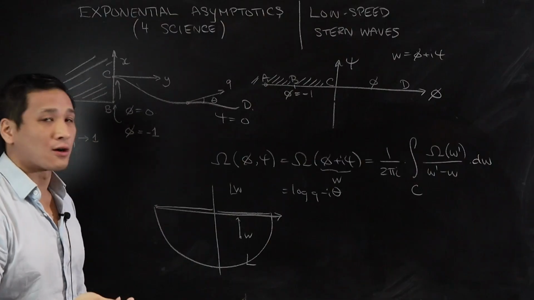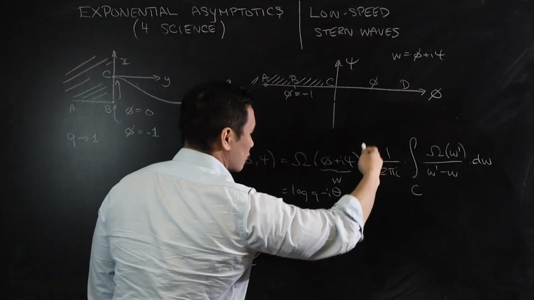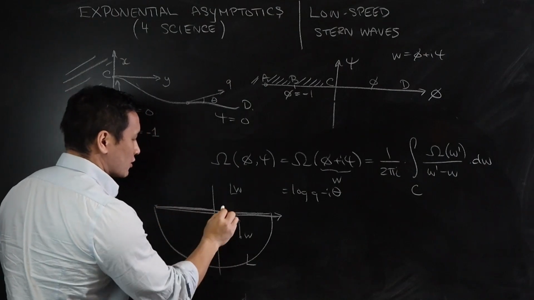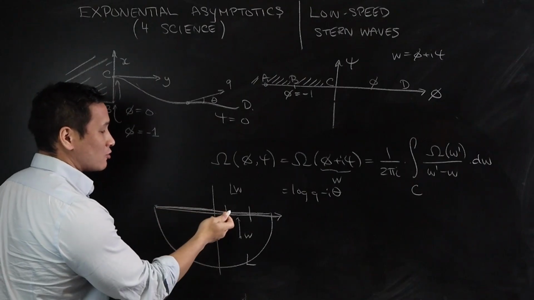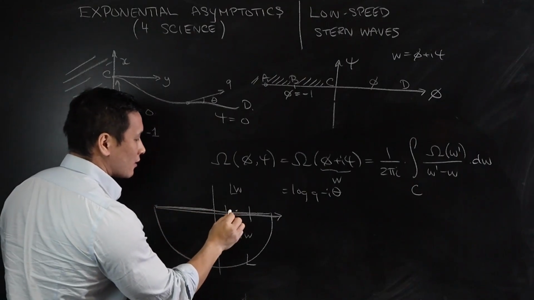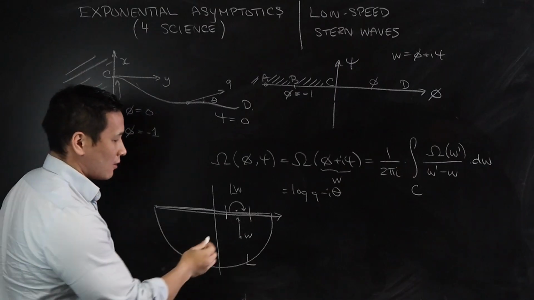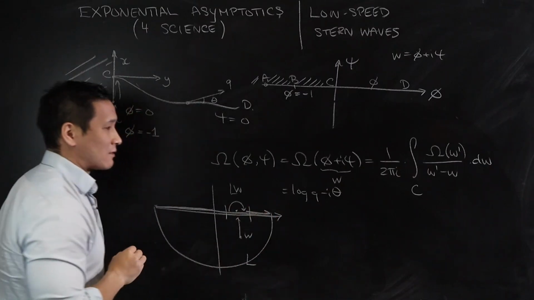In doing so, you're going to find that this integral splits into an integral from minus infinity to a point, then a little contour around the point w, and continuing on to positive infinity.